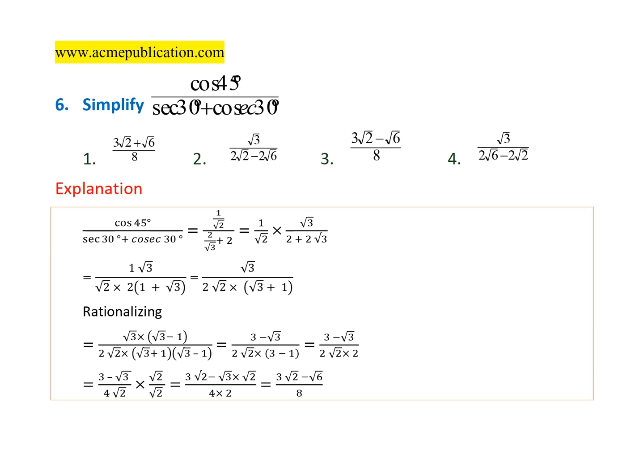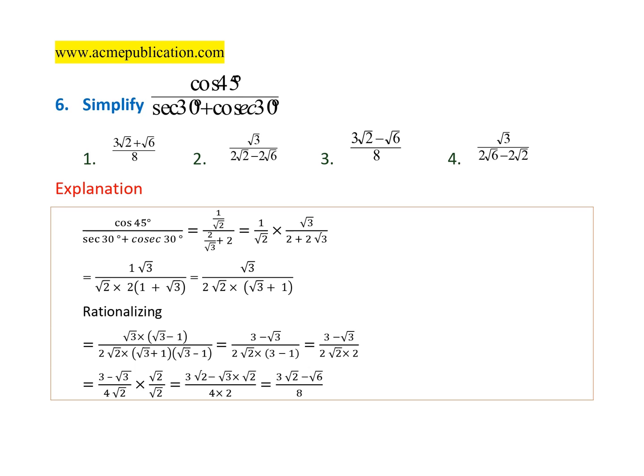Question 6. Simplify cos 45 degrees upon sec 30 degrees plus cosec 30 degrees. In this question, we are going to put the values of cos 45, sec 30 and cosec 30.